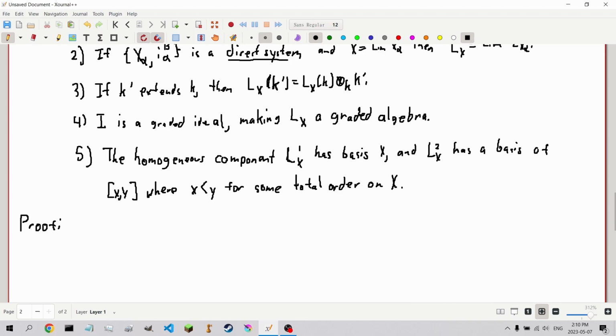Alright, now let's look at the proof. For 1 through 4, we're going to make these curly brackets a little less confusing.